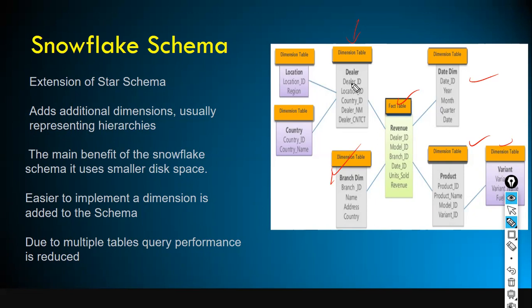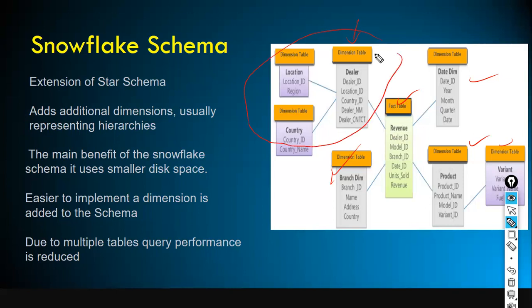The dealer dimension table may be, it got split into 3 different tables like location dimension table, category dimension table, dealer dimension table. In this case, if you notice, the location and country dimension tables were not directly linked with my fact table. Only the dealer dimension table linked directly with my revenue table.